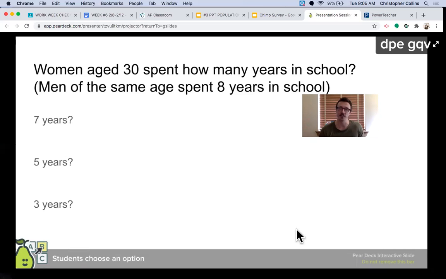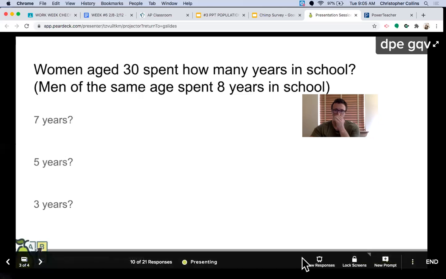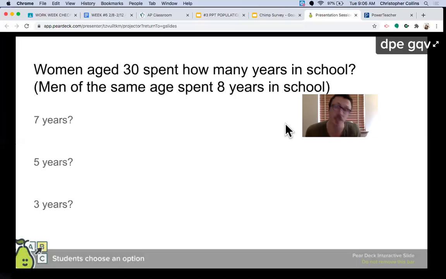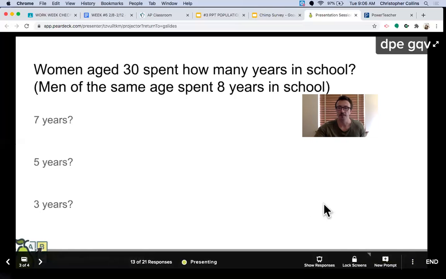What do you think the average is? 7, 5, or 3? So 7 years would be a little bit of middle school education, 5 years would be a complete elementary school education, and 3 years would be a very incomplete, very informal education. So 7, 5, or 3.